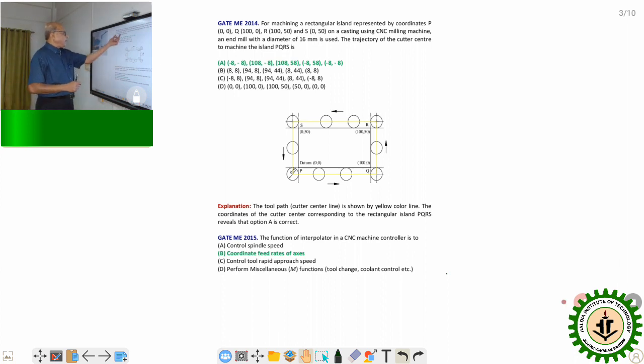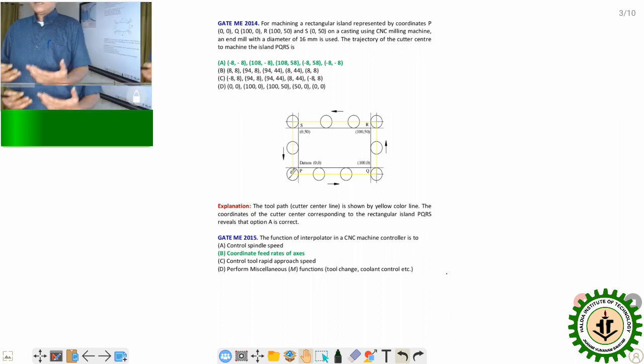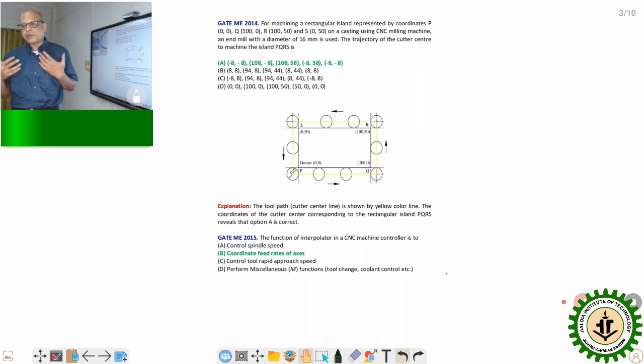The cutter diameter is given as 16 mm. If we consider the concept popularly known as cutter radius compensation, we have two types of options which we can employ. That is G41, which is cutter radius compensation left, and G42, which implies cutter radius compensation right, and to nullify it the corresponding G code is G40.